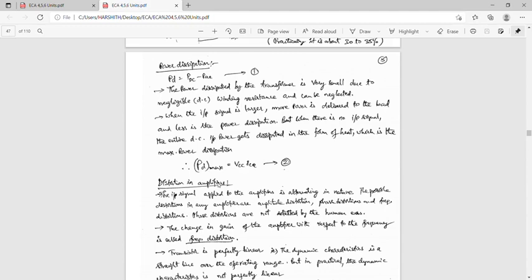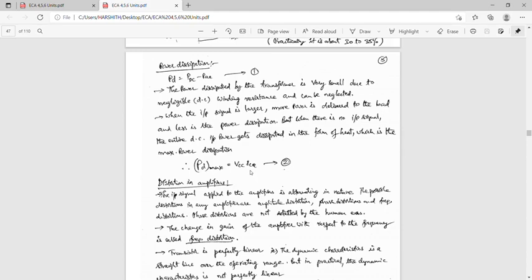The power dissipated by the transformer is very small due to negligible DC winding resistance, and can be neglected. So the maximum power dissipation equals PDC minus PAC. Power means voltage into current, so PD maximum equals VCC into ICQ.